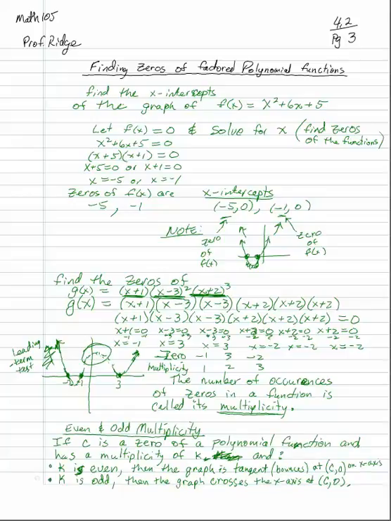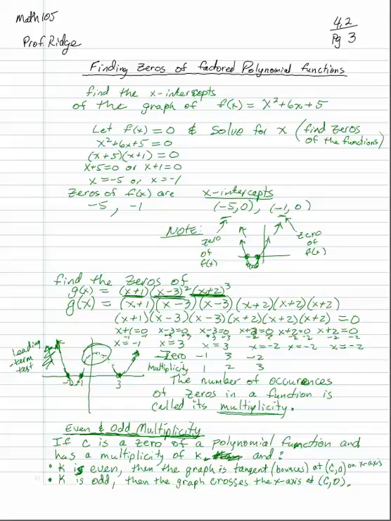Even and odd multiplicity. If c is a zero of the polynomial function and has a multiplicity of k, so in my example above, c is 3 and it happens twice, so the multiplicity is 2, which is even.